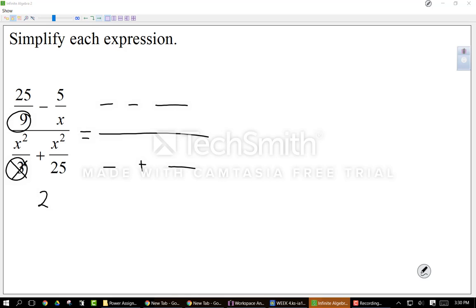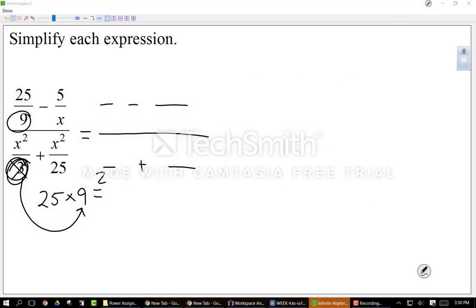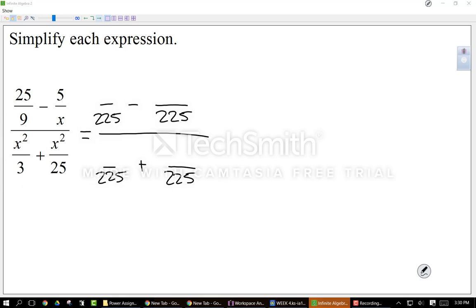So I have to just take 25 times 9, because this 3 here is in that 9. So 25 times 9 is 225. So that makes 225 my common denominator. Now, how did I get 225? Again, I said it was 25 times 9, okay? Or, remember 9 can be 3 times 3.